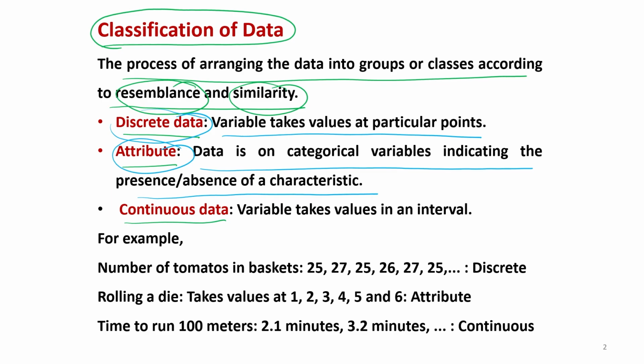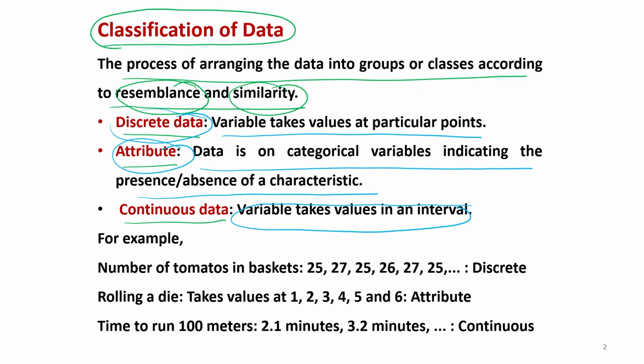Then in the case of continuous data, the variable takes values in an interval. For example, the time taken by a person in traveling 1 kilometer can be 15 minutes 1 second, or 15 minutes 1.11 seconds and so on.